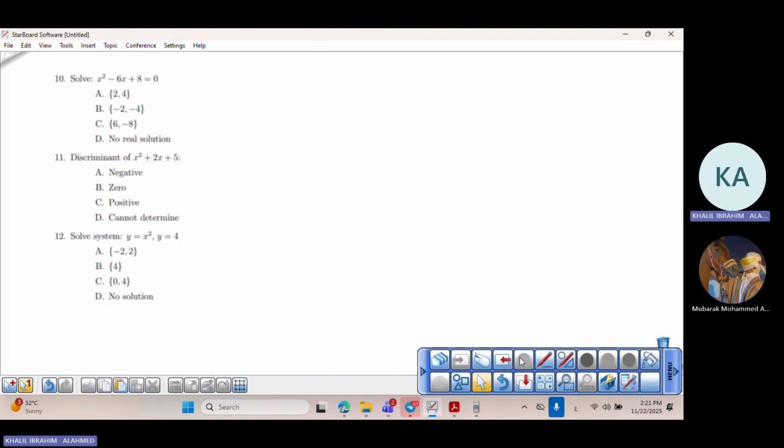Solve this equation, and also the same, you can use the calculator to find this. Mode 5, 3. This is A equals 1, B equals negative 6, C equals 8.